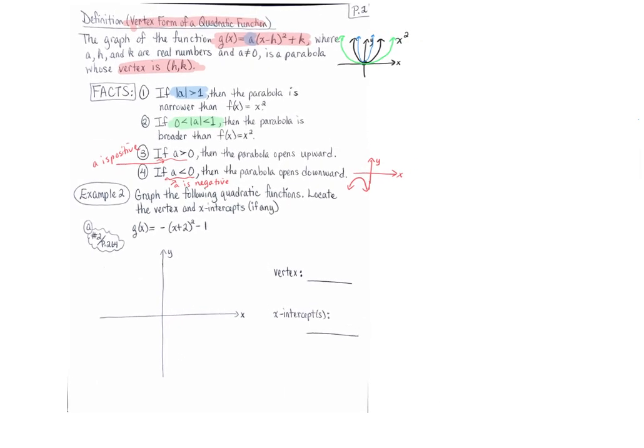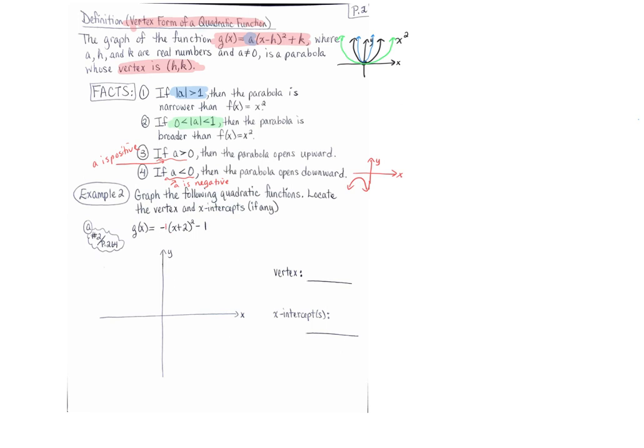I'll minimize that so you can see everything here. Part A, for example 2, we want to graph the following quadratic functions, locate the vertex and x-intercepts if there are any. So here we have g of x is equal to negative, this is an understood negative what here? 1. Very good. That's an understood negative 1.